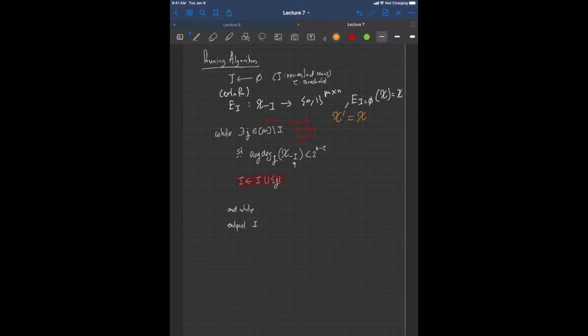We are going to do the following. We have identified the jth row as the revealed row in this iteration, and we're going to remove that row.